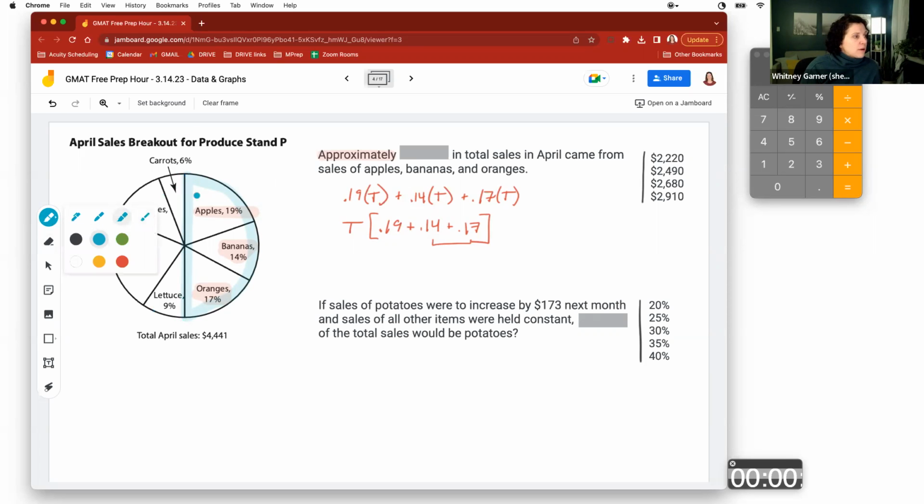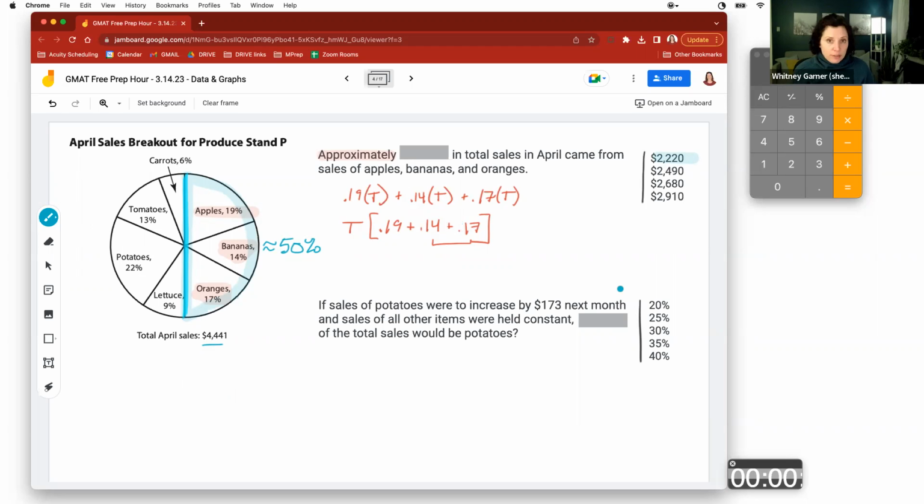So if this is a straight line, then these three pie wedges look pretty close to, and if you added them up, you could prove, 50%. And so if what I need is about half of this number, it's 2,220 and some change. We can get there without a whole lot of computation.